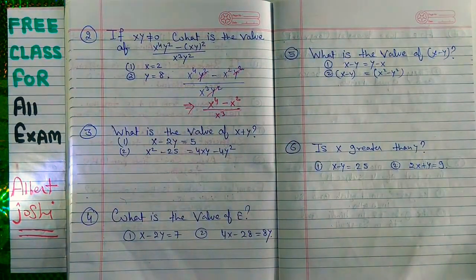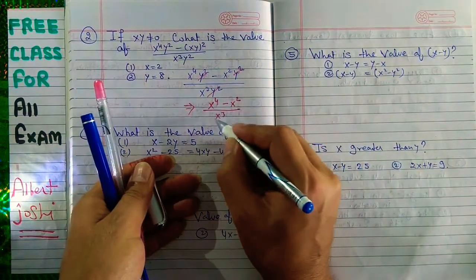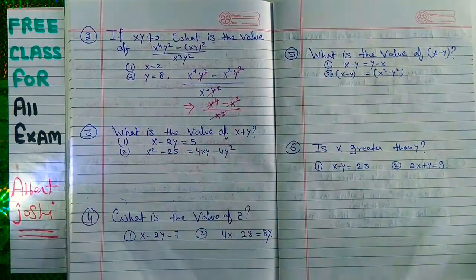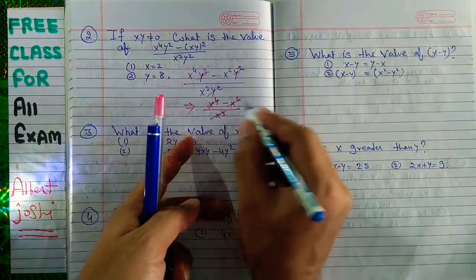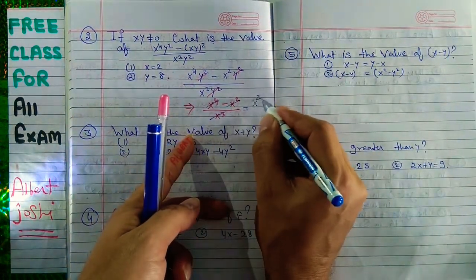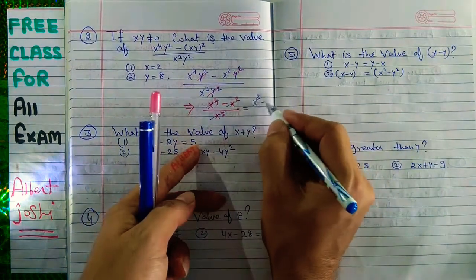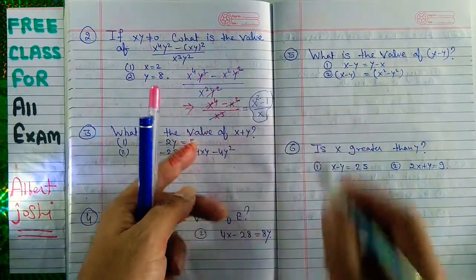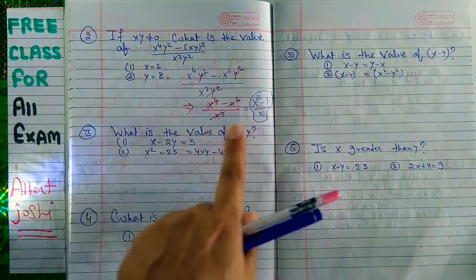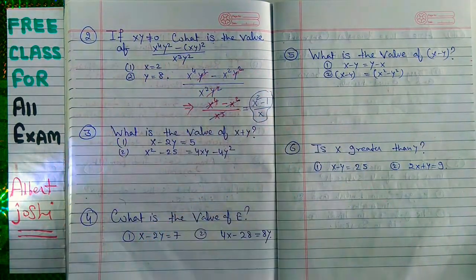Again you take x square from here and here, so x square cancels. You get x square minus 1 upon x. So this is your final, after simplification: x square minus 1 upon x.